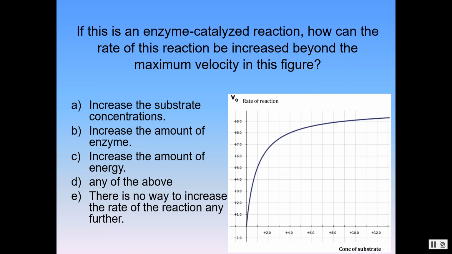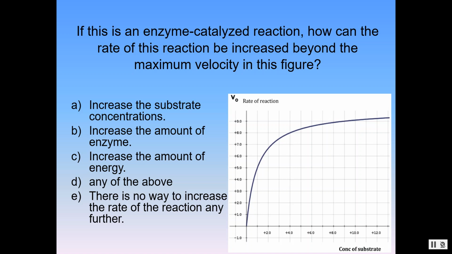All right, so this little guy, this is an enzyme catalyzed reaction. And how can the rate of the reaction be increased? So you'll notice as it goes from 0 to 2, 4, 6, 8, 10, 12, it starts to level off. How can we get that to go straight up, right? If we increase the concentration of the substrate, all we see is that it flattens out, starting at like 7, 8, 9, 10, forget about it.